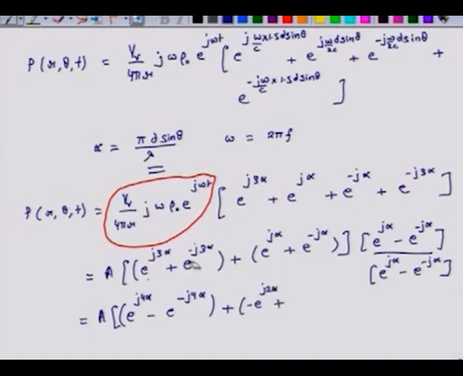And then I multiply the remaining terms to get e^(j 2 alpha) minus e^(minus j 2 alpha).